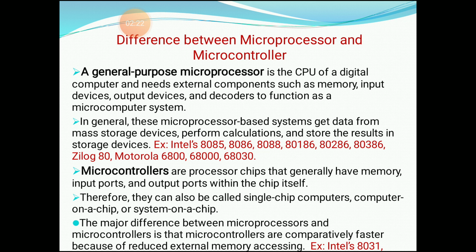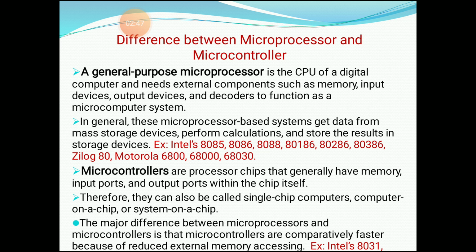Now, microcontrollers are processor chips that generally have memory, input ports, and output ports within the chip itself. Therefore, they can also be called single chip computers, computer on a chip, or system on chip, that is SoC.